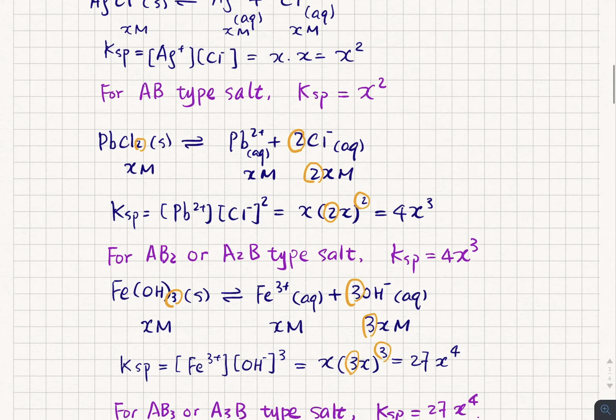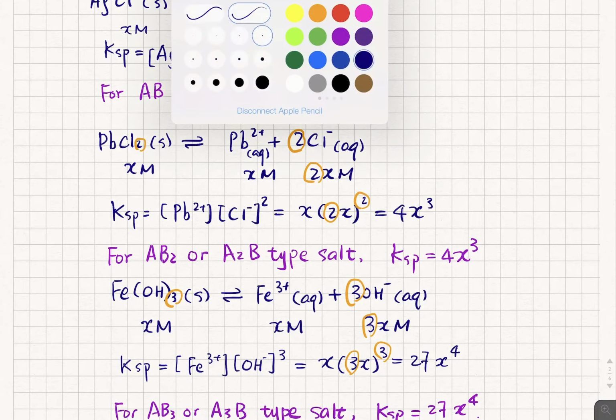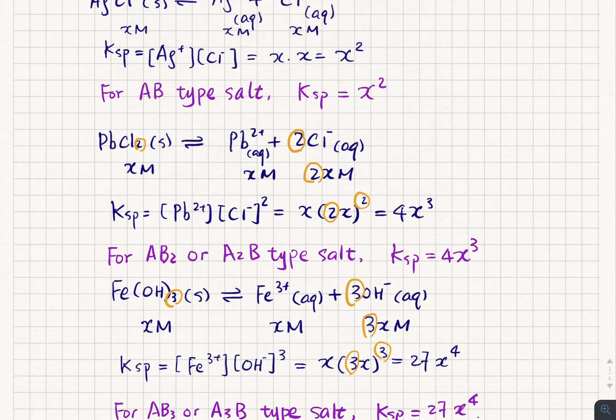For a salt like PbCl2, each PbCl2 will dissociate into a Pb2+ and 2Cl-. Because of this extra 2, the concentration of the chloride is 2 times the concentration of the lead, and because of the nature of the KEQ, you not only have to double the concentration, you also have to raise it to the power, which has to be squared too.